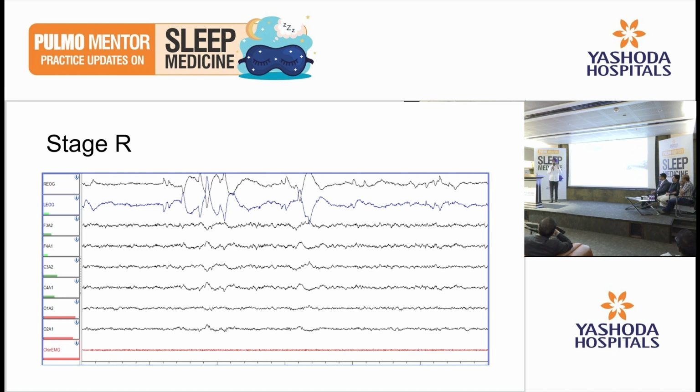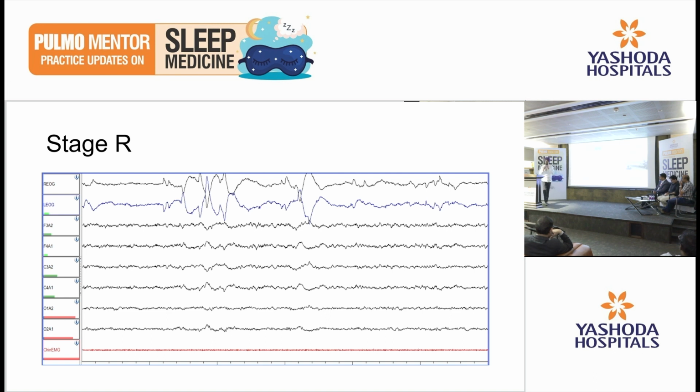Given the constraint of time, what I have taught you is how to identify the first epoch of wakefulness, N1, N2, N3, and REM. There are 3 concepts you have to remember: identification of the first epoch, then continuation of the stage, then termination of the stage.